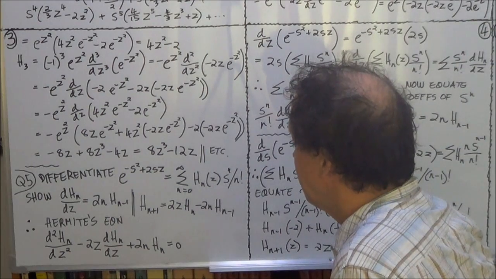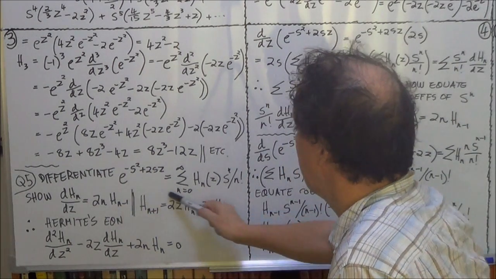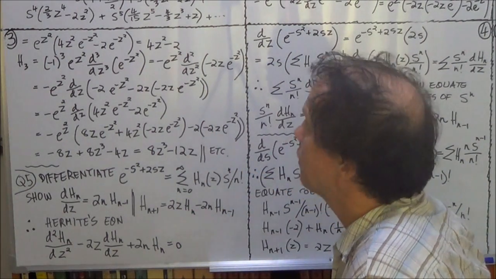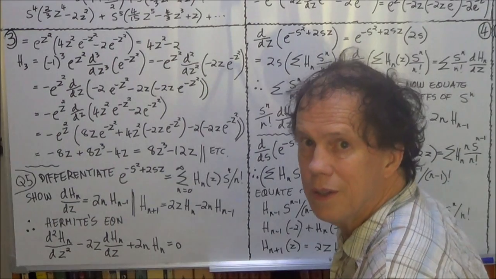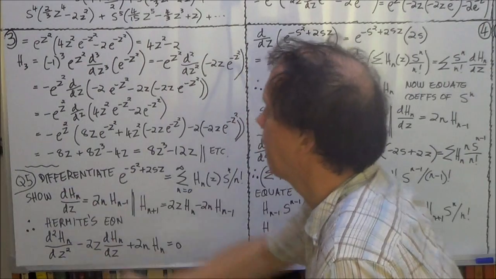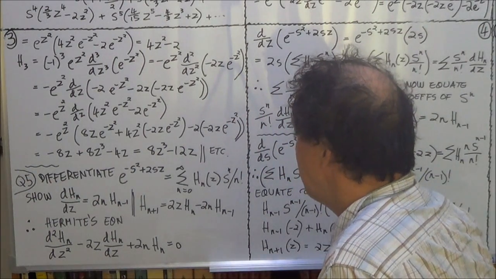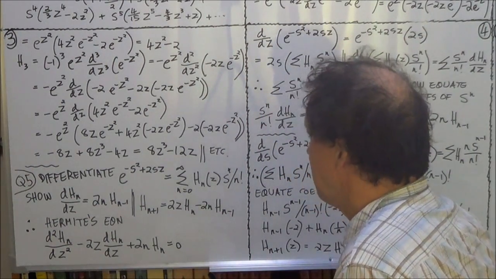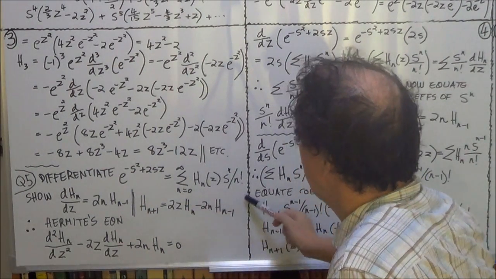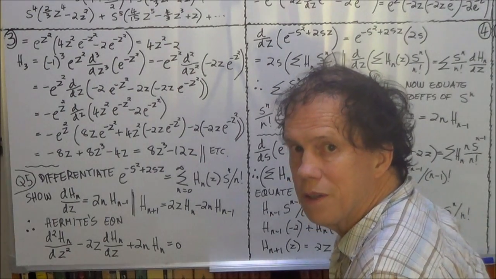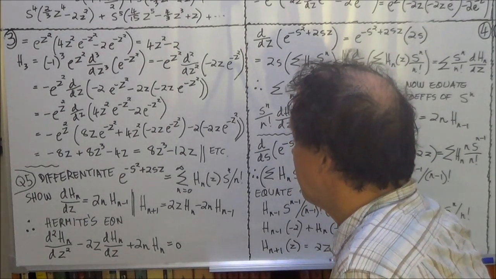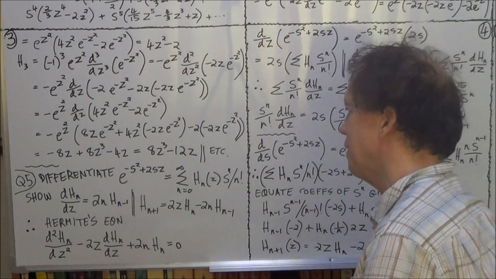Now using this generator formula, what we did in the first part of the previous question, which was question 4 in the text, and this is now question 5 in the text. You're asked to differentiate this expression, firstly with respect to z, and secondly with respect to s, and derive some expressions.